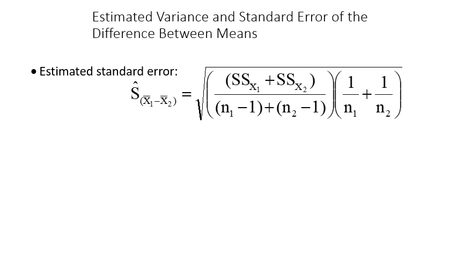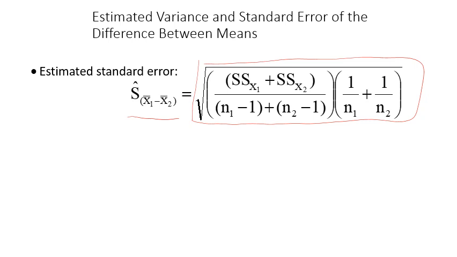Our formula for estimated standard error is what you see here. So there is quite a bit to it. It's going to be the square root of the sum of squares for sample 1 plus the sum of squares for sample 2, divided by n1 minus 1 plus n2 minus 1.